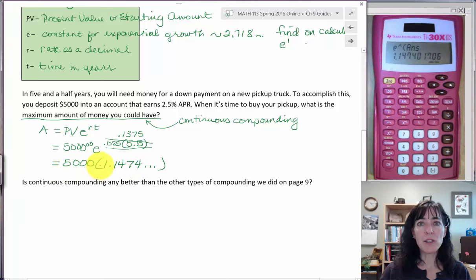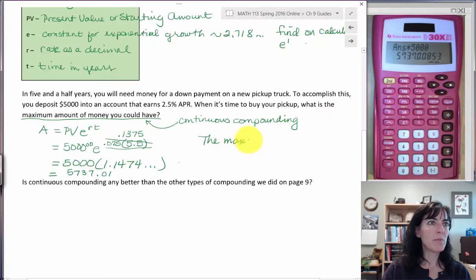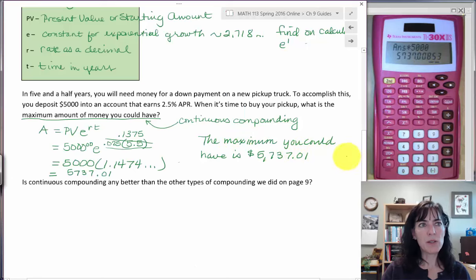And the last thing I need to do is the multiply, so times 5,000. And I'm going to round to the penny because I have an 8 following. The maximum is $5,737.01.